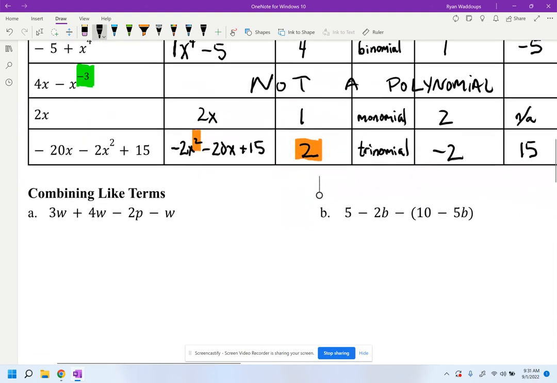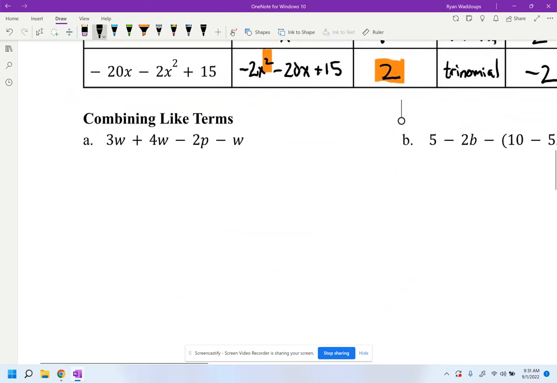All right, we're going to talk about combining like terms. So like terms have the same letter part. So 3w plus 4w. Think about 3 watches plus 4 watches is a total of 7 watches, but you can only combine like terms. 2p is not a like term, so that stays the same.